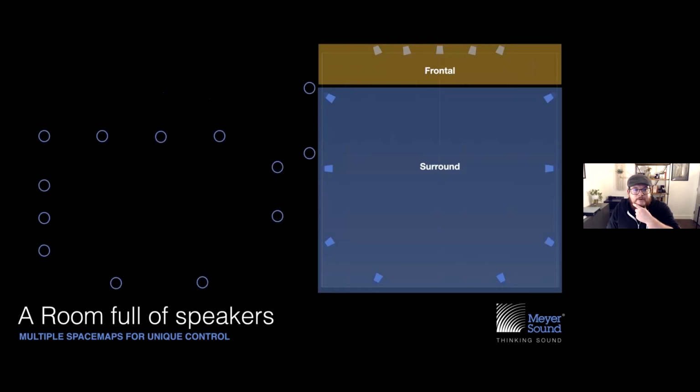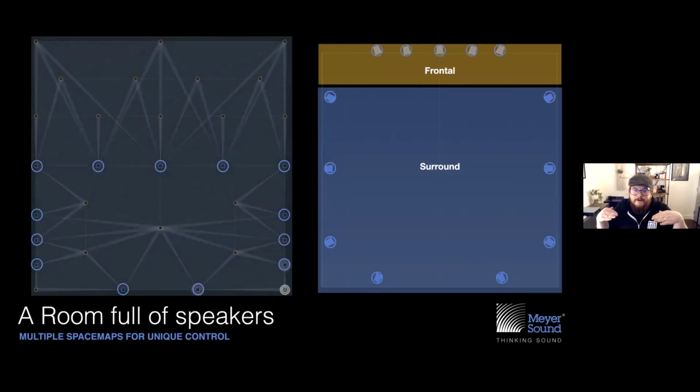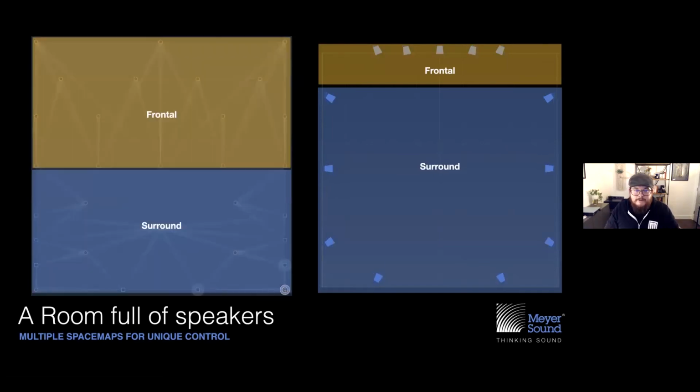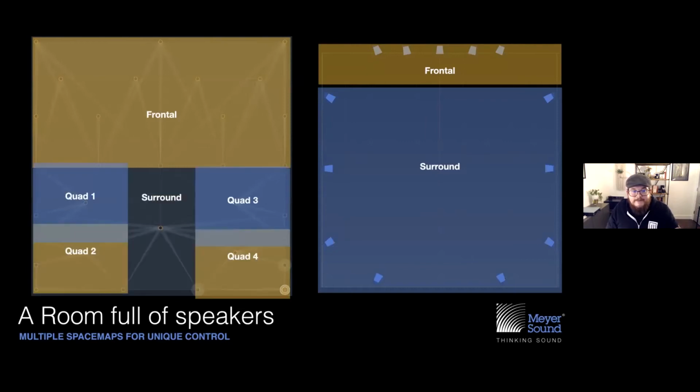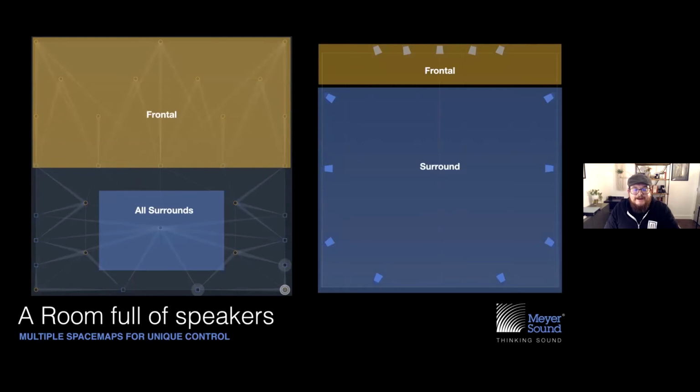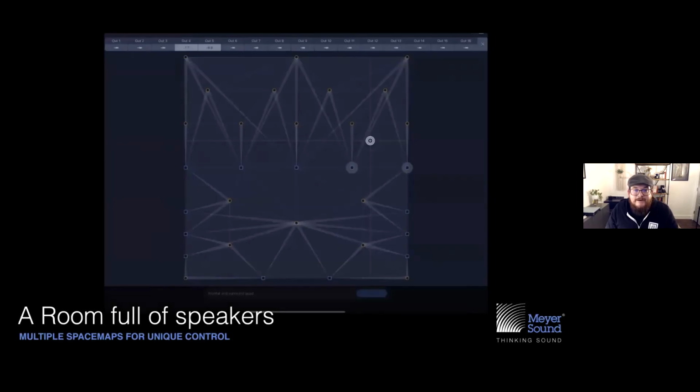And so what I could do is just move my speaker nodes down. And now I have a frontal panner up top and then a surround panner in the rear. And because I thought the quads were cool, I just added a couple virtual nodes and I can still control my quads. And if I want to reach all the surround speakers, I just go to the virtual node in the center. And here we go.